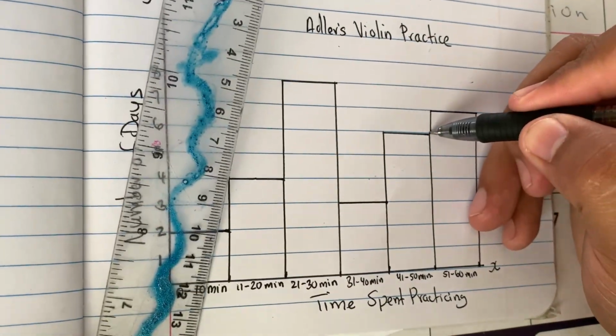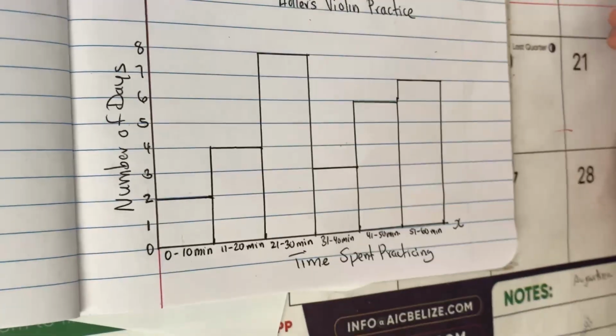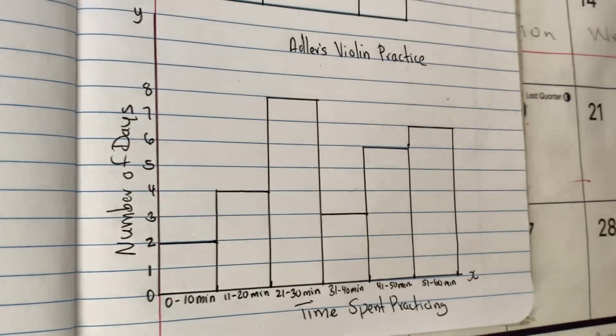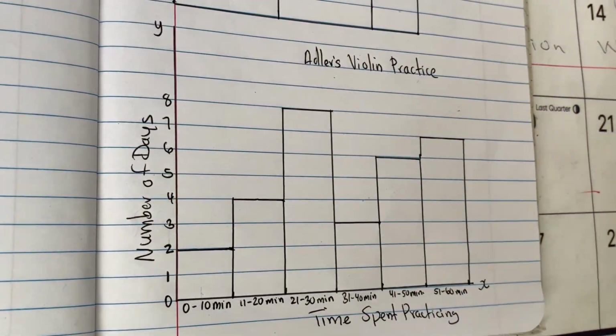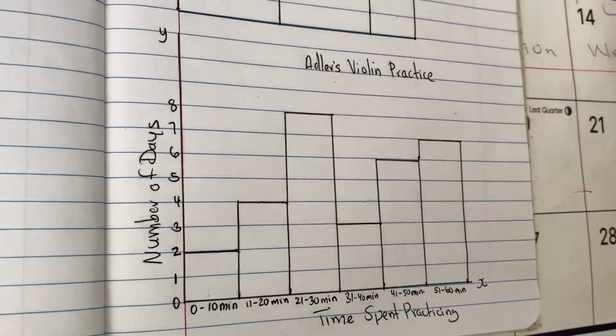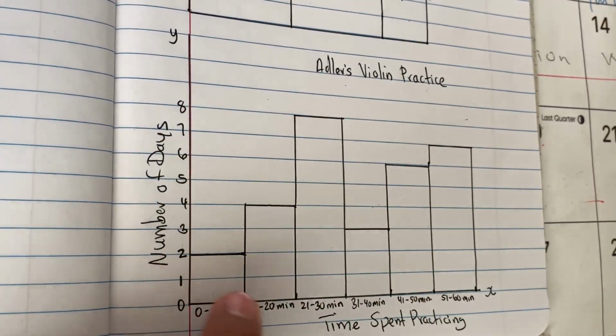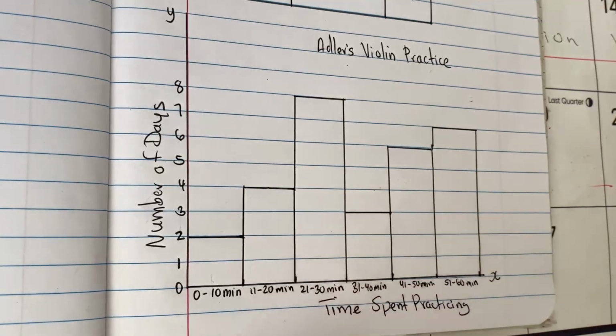Now the easiest thing to do is to color. Remember, once you color, it makes it more attractive and the data is easily visible. And remember that the histogram doesn't have a space. The bars are connected because it shows ranges.